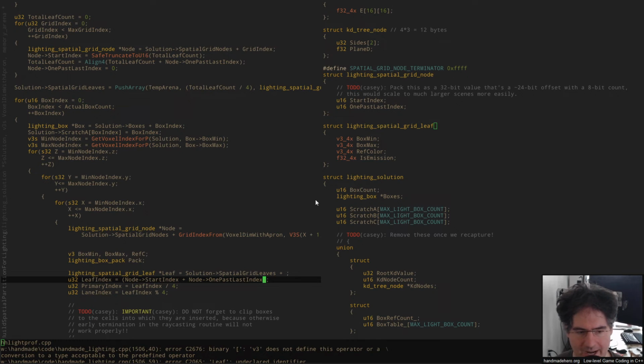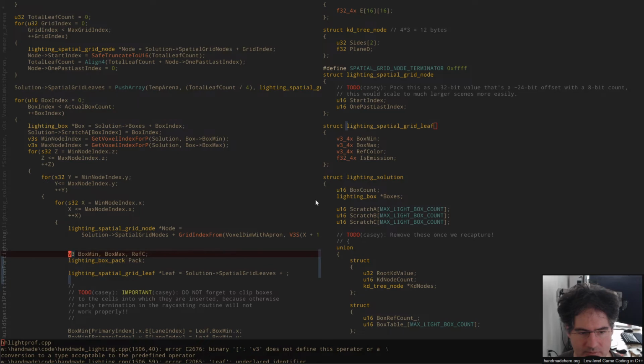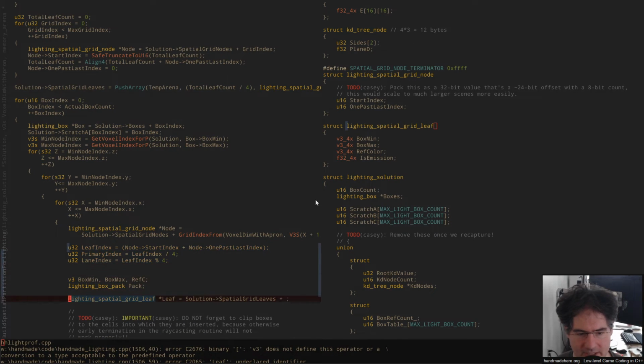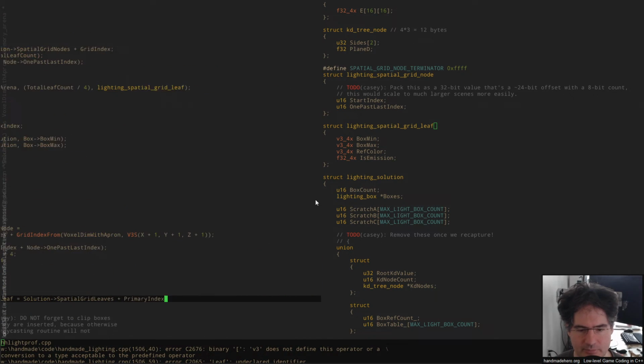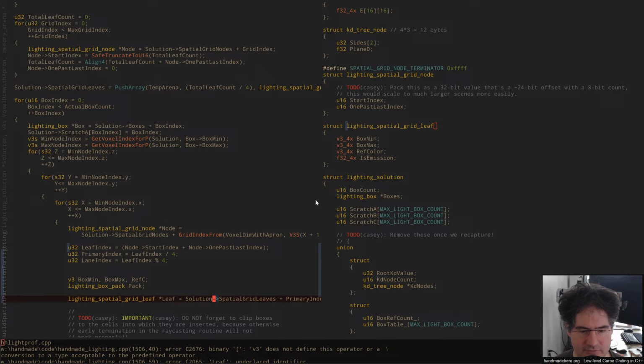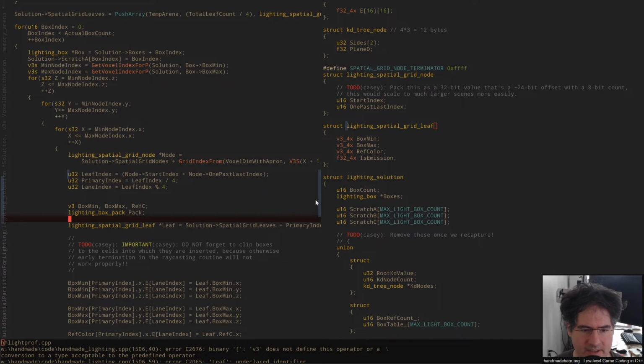That gives us where we're at right now as a count. And then we can produce these two. But that's what we actually needed. So then if we take the primary index here and we go to the spatial grid leaves, we then have the correct leaf to look up into, but we don't actually know which one of these we're doing, right?